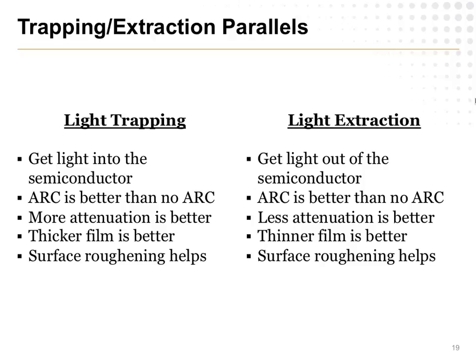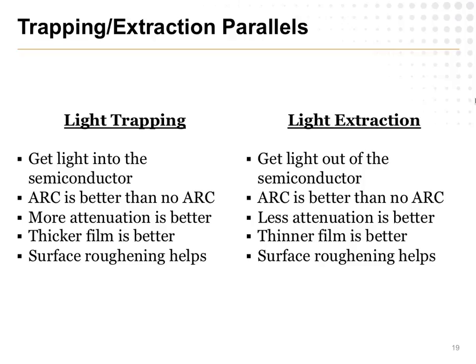In both instances, having an anti-reflection coating makes everything better, because reflections just mean light either bounces back into space or gets rebounced back into your semiconductor, and both of those situations are bad. So anti-reflection coatings are good whether you're doing light trapping or light extraction.